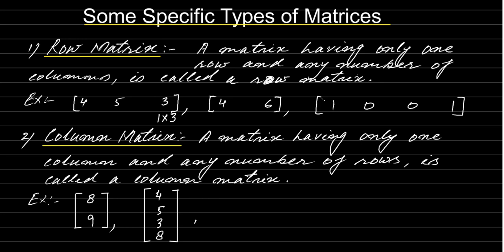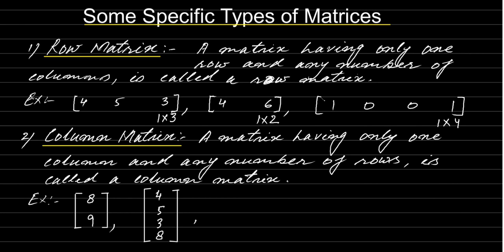In the same way, the second matrix has the order 1 by 2 because there is only one row and two columns, and the third row matrix has the order 1 by 4 because there is only one row and four columns.